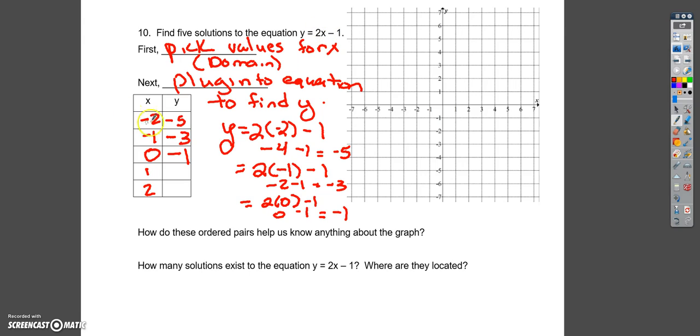So 2 times 1 is 2, minus 1 is 1. So I'm going to write that down. 2 times 1 minus 1, y equals 2 minus 1, which is 1. And then one more, if we were to make this a 2, 2 times 2 is 4, and 4 minus 1 is 3.